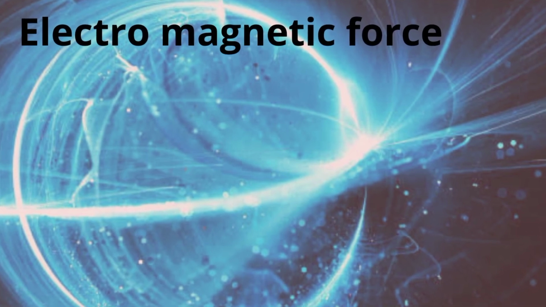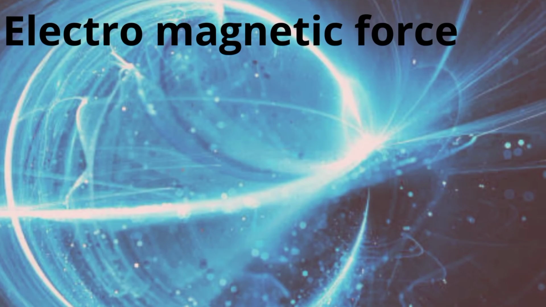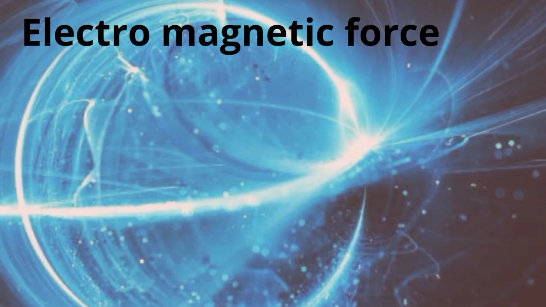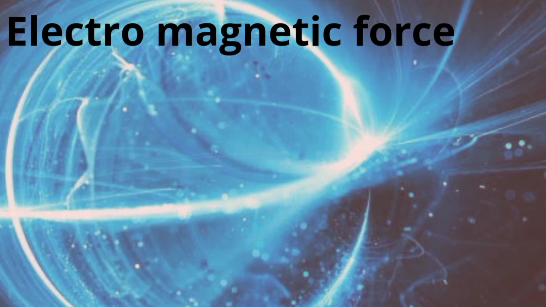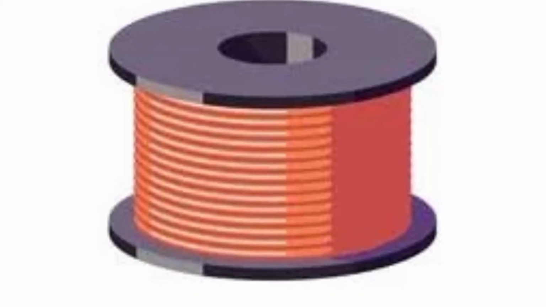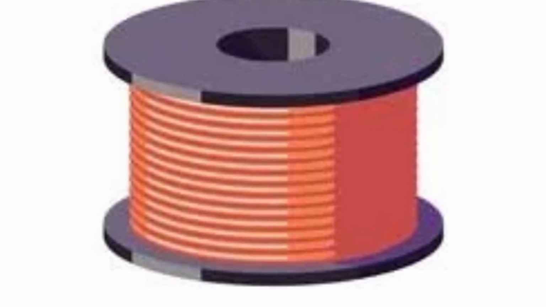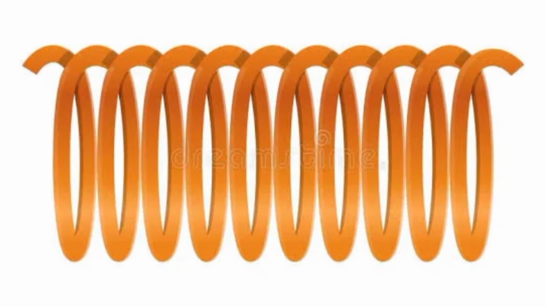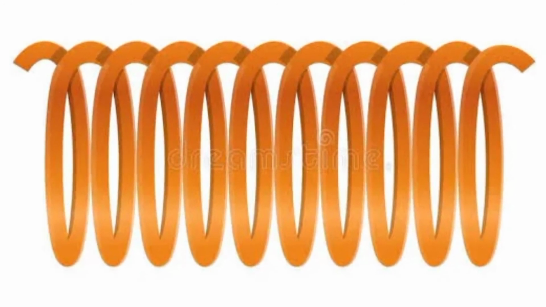This brings us to talking about electromagnetic force. This is the combination of electric force and magnetic force. It is produced in an ordinary iron rod placed inside a coil of wire through which electric current is passing.